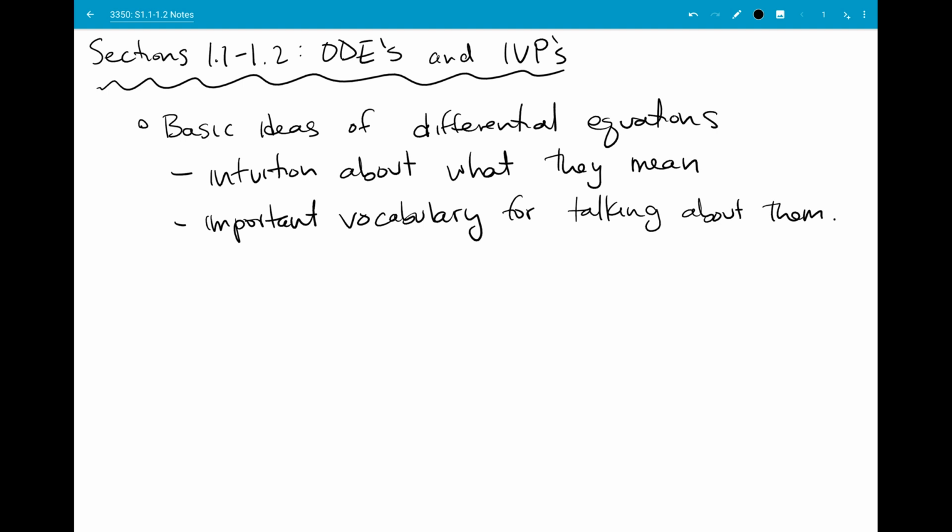The reason for this is because this is a class about solving differential equations. So before you launch into that, you need to know what they are and why you might want to solve them. And then we all have to have the same set of words to talk about them, so that when I tell you about a particular type of problem or method that you're going to use, you know exactly where to fit it into this broader framework of differential equations.